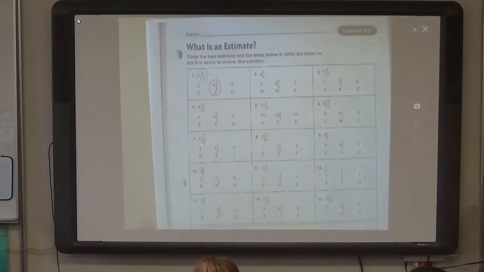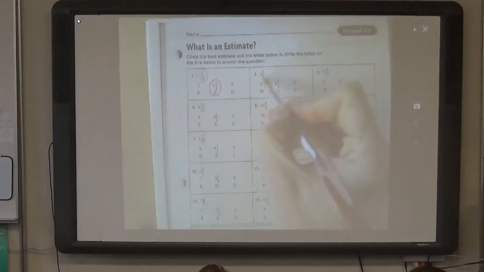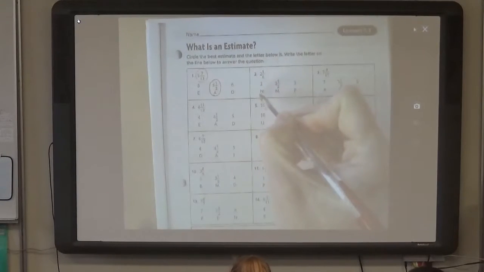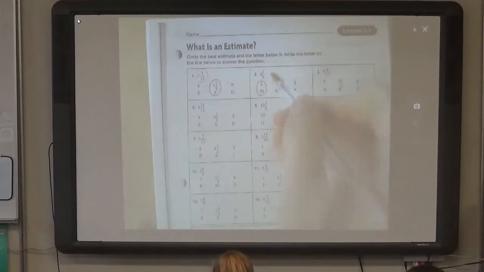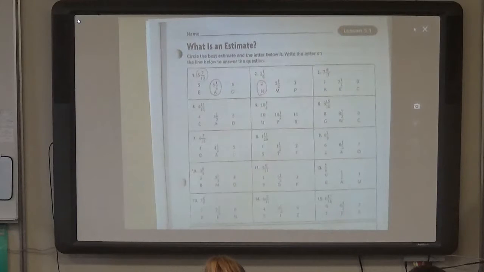Right? So 2 1/6 should be rounded to just 2. Because the fraction is close to 0. Is this making sense? Yeah.